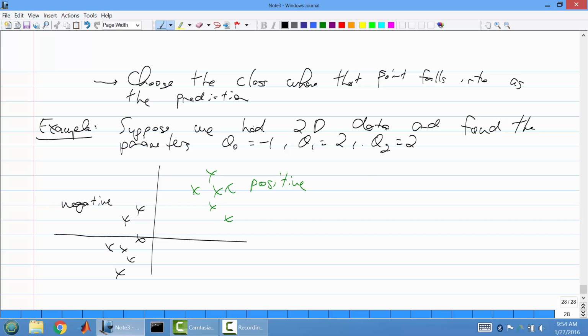So the decision boundary: this is x1, this is x2. This is minus 1 plus 2x1 plus 2x2. Let me isolate this so that x2 is on one side and x1 is on the other.